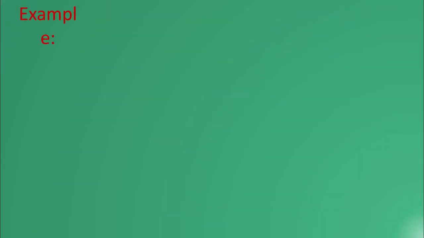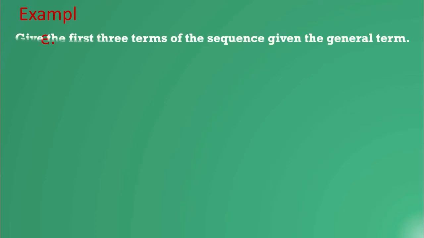Now let's try this example. Give the first 3 terms of the sequence given the general term. So the general term here is a sub n equals 3n plus 8. So this is the rule, this is the formula, this is the nth term, this is the general term.